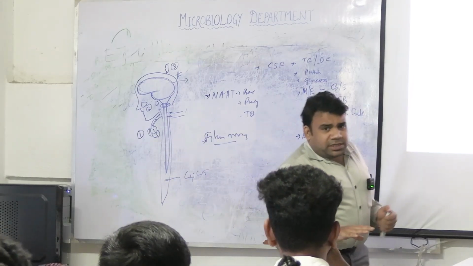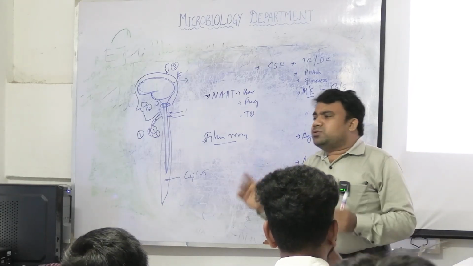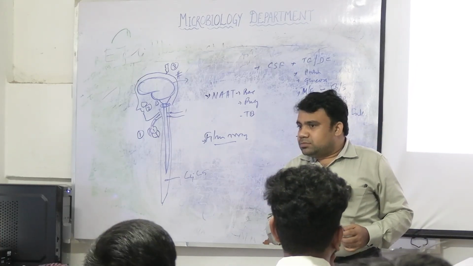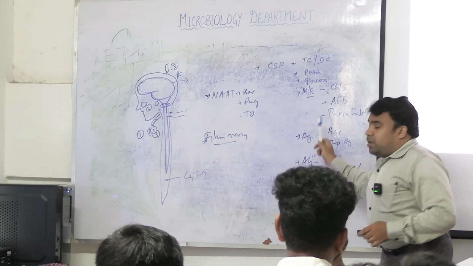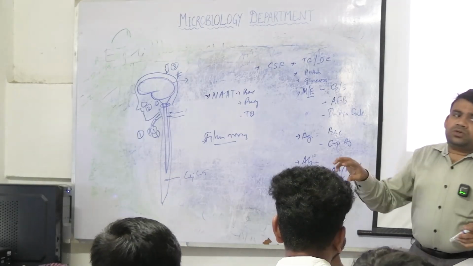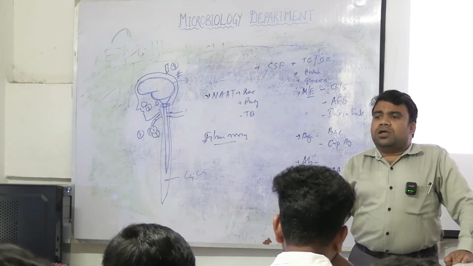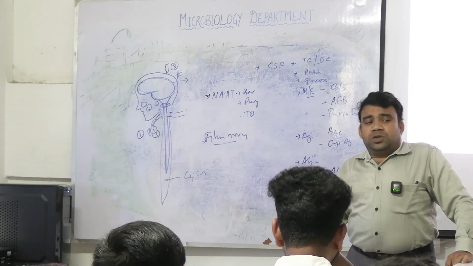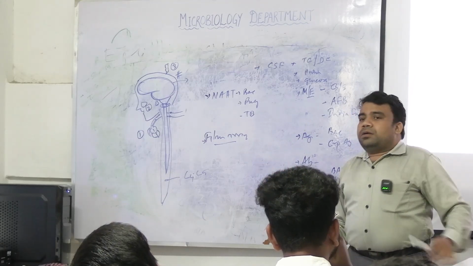This is also a nucleic acid test, but in which we can run for multiple pathogens in a single test. For example, when we run the meningitis panel, we test for the bacteria which cause meningitis, the viruses which cause meningitis, and also the fungi which cause meningitis. So in one test, all the results will come up. This is called film array.